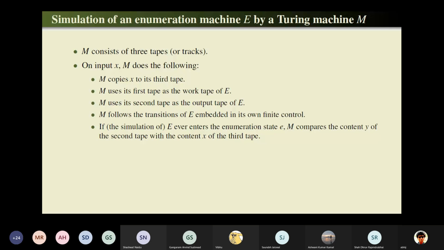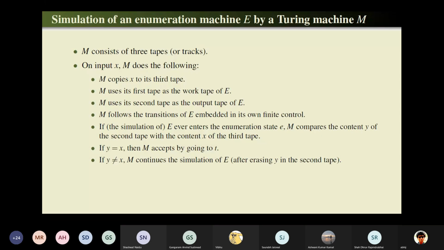Agree? Okay. So if this comparison succeeds, that is, if Y is equal to X, then M knows that the enumeration machine has enumerated X. So if Y is equal to X, then M accepts by going to its own accept state T. If not, it erases Y from the second tape because it's a normal machine tape.